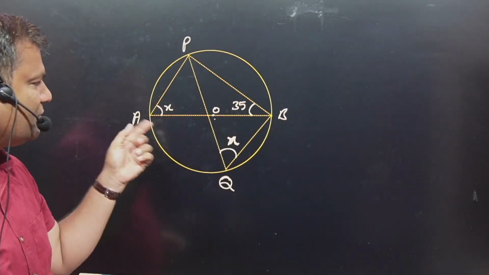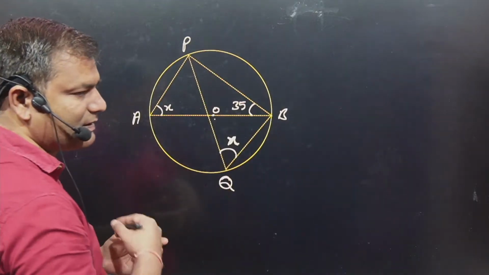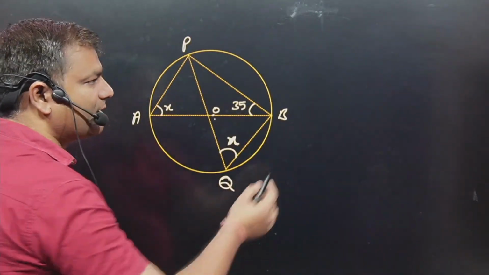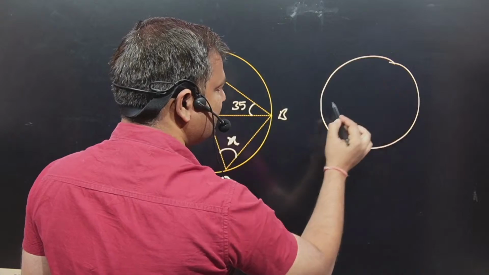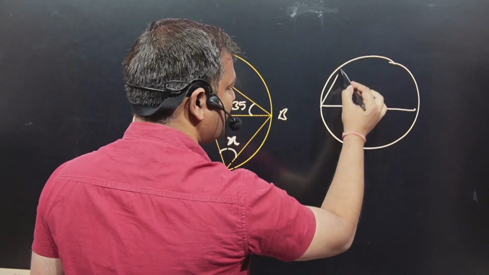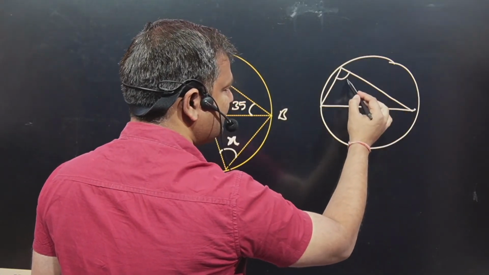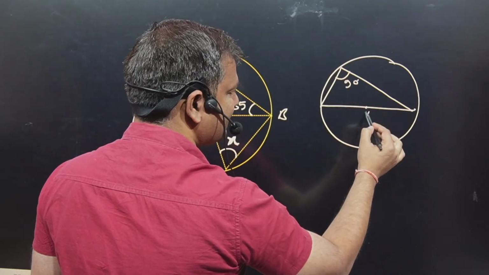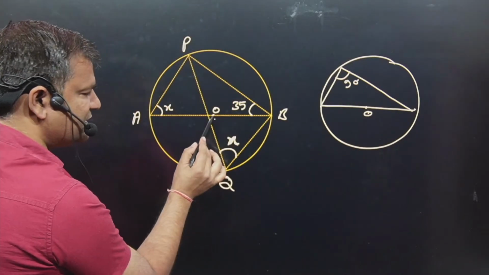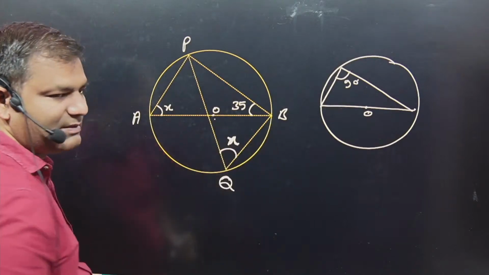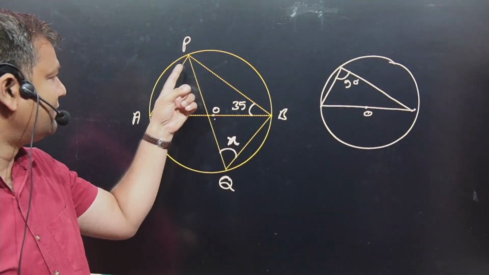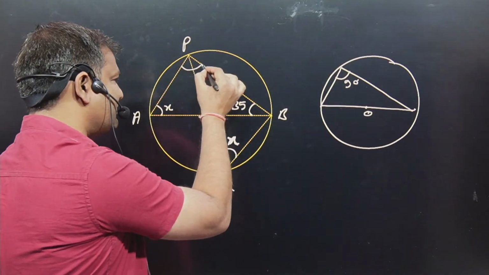Now look, first of all, look here. The second theorem says if this one is a diameter, then what about that angle? Always 90. AOB is the diameter, so that angle is always 90.